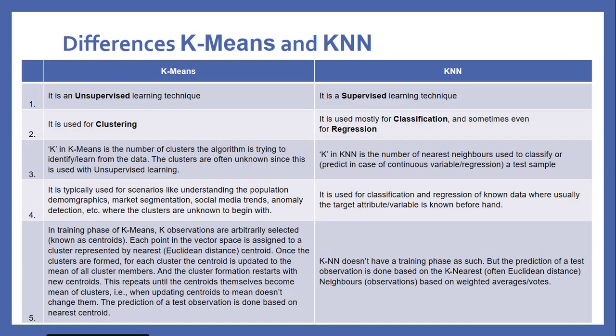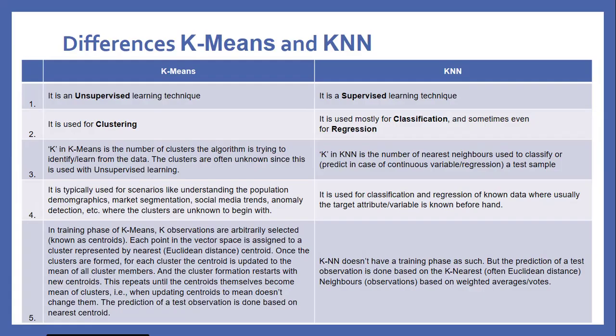Once the clusters are formed, for each cluster the centroid is updated to the mean of all cluster members and the cluster formation restarts with the new centroids. This is repeated until the centroids themselves become the mean of the clusters, that is, when updating the centroid to the mean does not change them. The prediction of a test observation is done based on the nearest centroid.